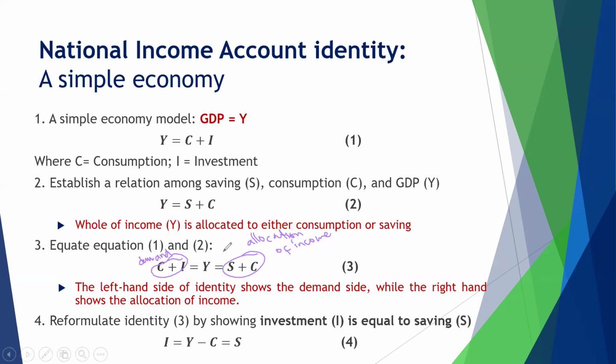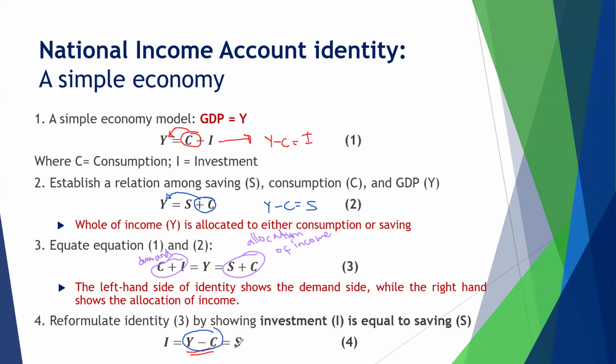So we have here I is equivalent to Y minus C, which is equivalent to S. Arranging equation 1, if we are going to isolate I, you have to transfer C to the other side, so it will become Y minus C. Another, in terms of savings in equation 2, in order to isolate the savings or S, we have to transfer this positive C to the other side, so it will become negative C. So Y minus C, which is also equivalent to this.